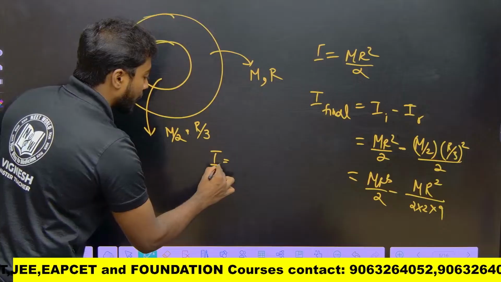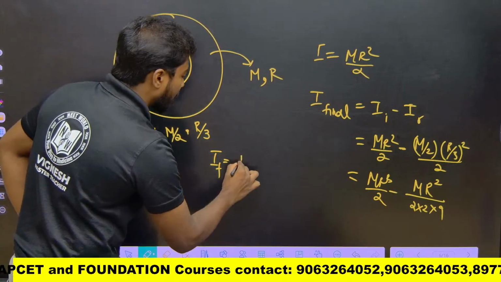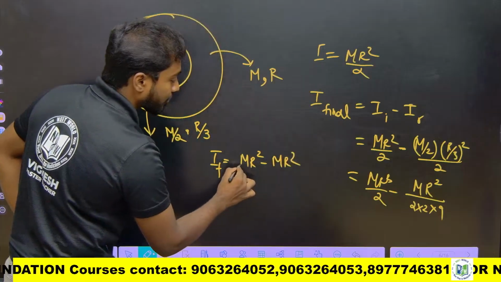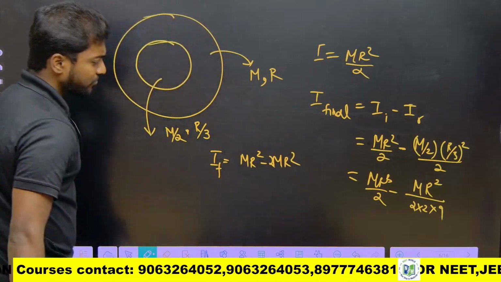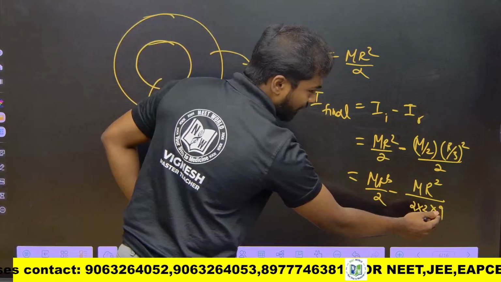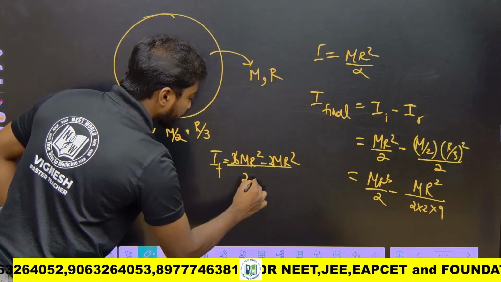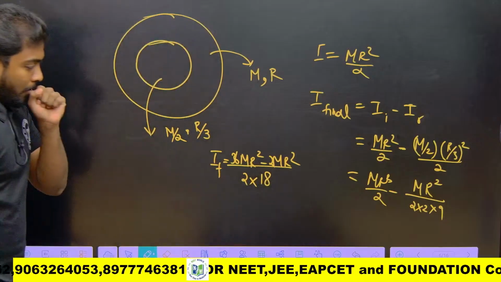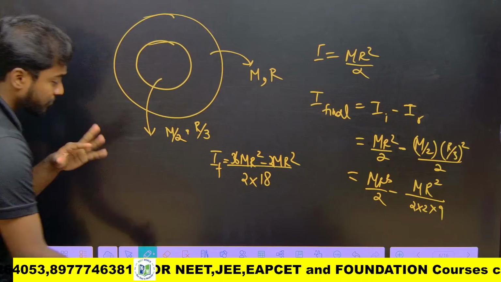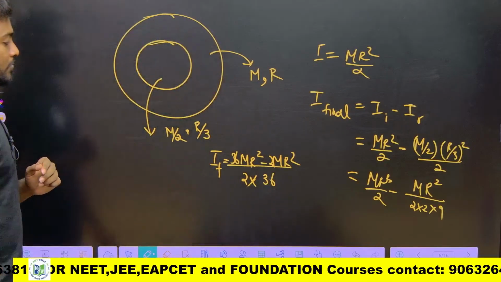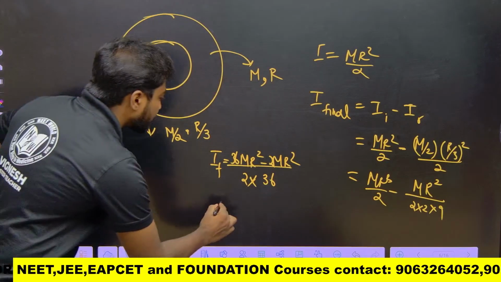So I final will be equal to mr square by 2 minus mr square by 36, 2 times 9 is 18, 18 times 2 is 36. Now we can find it easily.